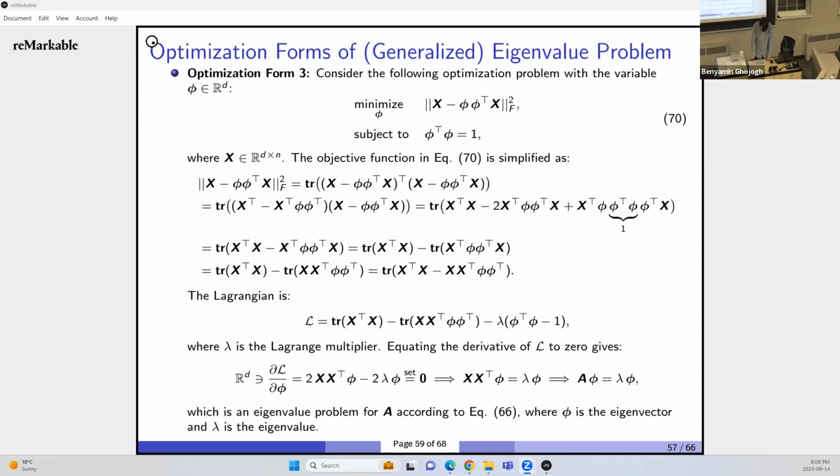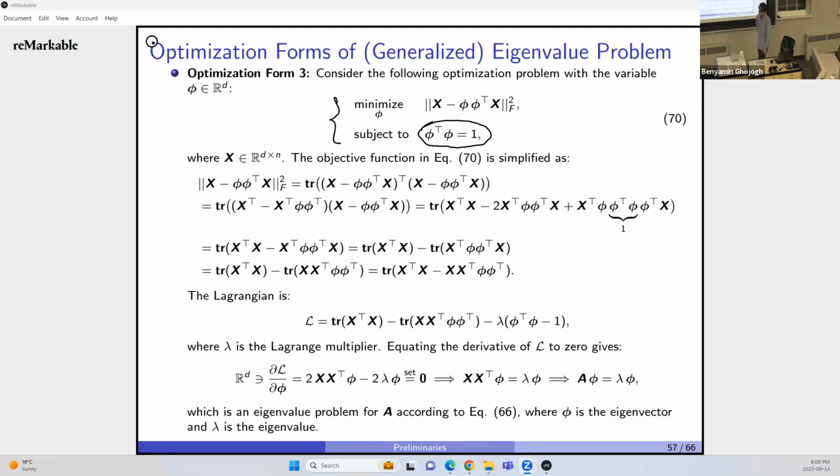Optimization form 3 is this: minimize the Frobenius norm squared of x minus phi transpose x, subject to this. We see that a lot. What is this? Can you tell me?